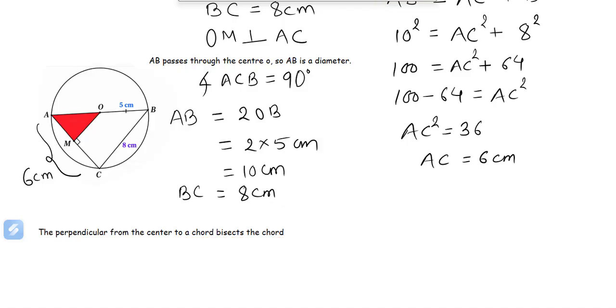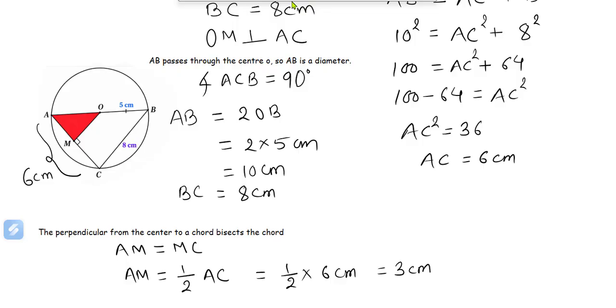So AM is just half of AC, and half of AC is 3 centimeter.